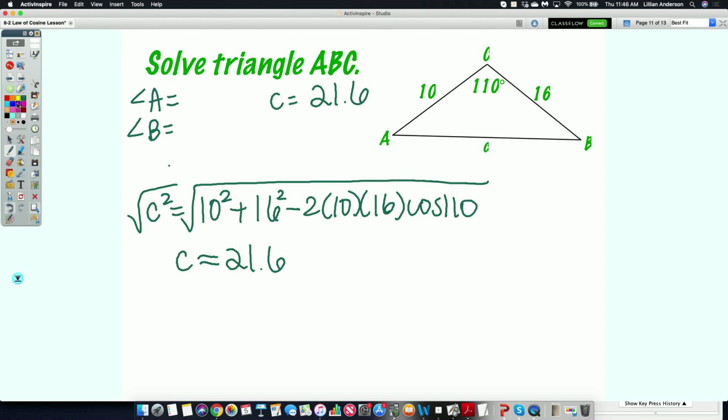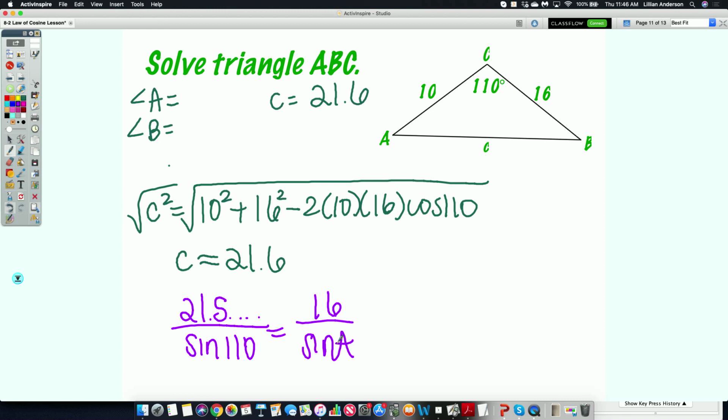Set it up if I'm going to use sine rule. 21.6 over sine 110 equals 10 over sine of A, or 16 over sine of A. Okay, make sure we use our non-rounded answer. Yes? When I cross multiply, I'll get 16 sine 110 equals the non-rounded answer, sine A.